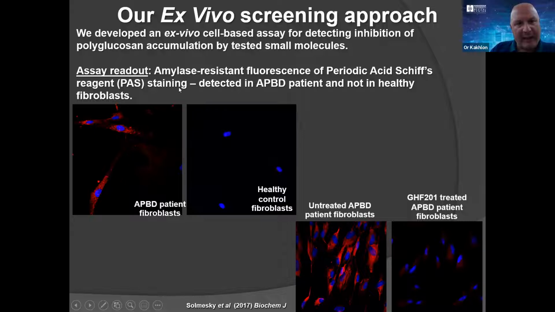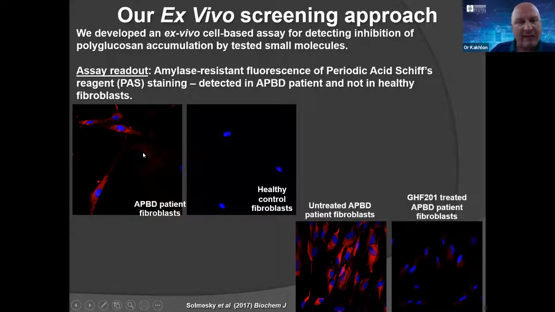We degraded them with diastase, and therefore we know that we're looking at polyglucosans and not at glycogen, because the polyglucosans are resistant to diastase digestion. Here you can see what we have in the healthy control and in the patient cells. Obviously, there is accumulation of polyglucosans in all the tissues, and we show here skin cells.